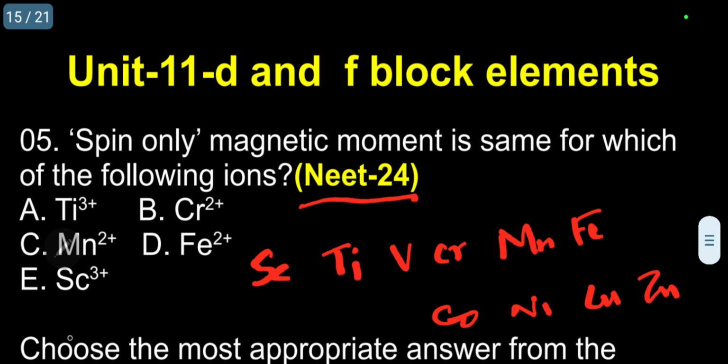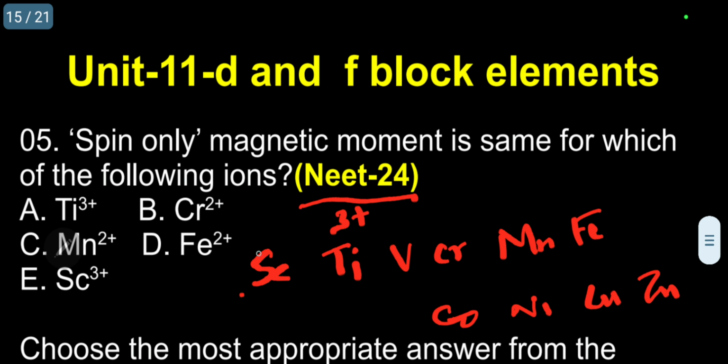All these elements are given in this, so they have not given the electronic configuration. So, titanium 3+, they have given. Let me give the atomic numbers first. Potassium, calcium, then scandium: calcium is 20, this is 1, so 21.